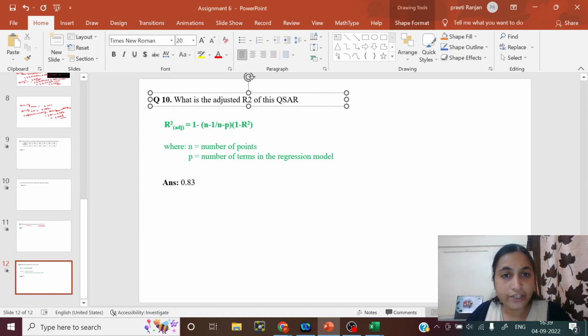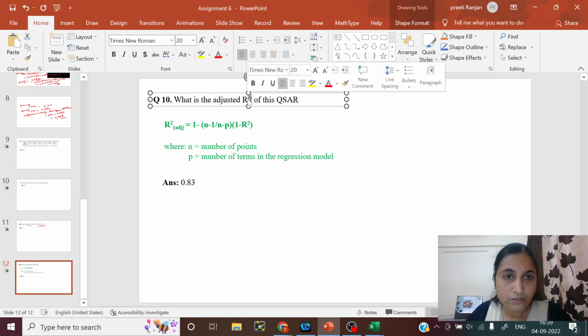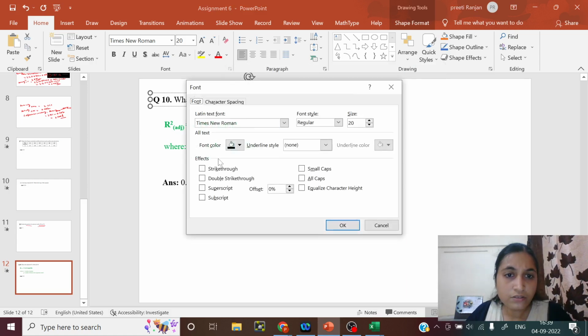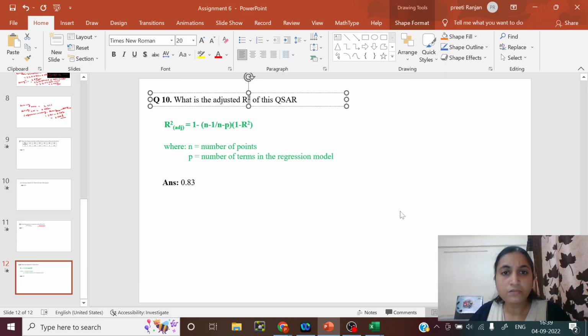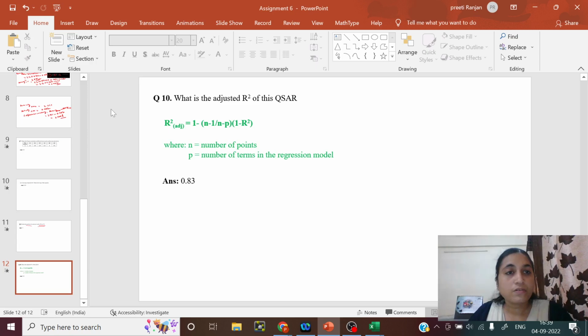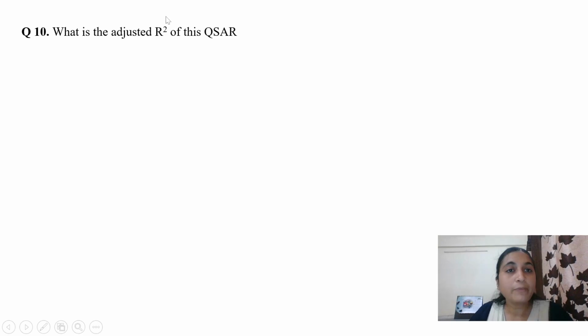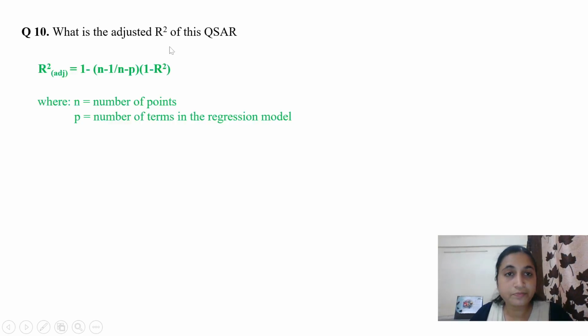This should be R square, not R. So we have to calculate this adjusted R square. This is the formula: R square adjusted equals 1 minus (n minus 1 upon n minus p) times (1 minus R square), where n is the number of points and p is the number of terms in the regression model.